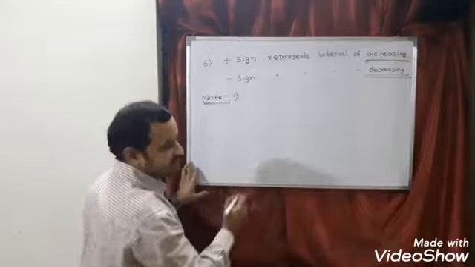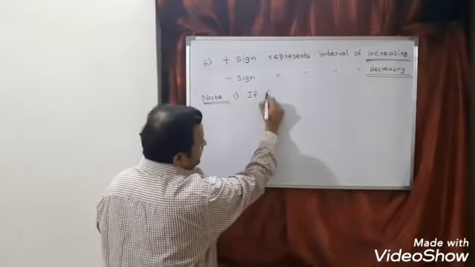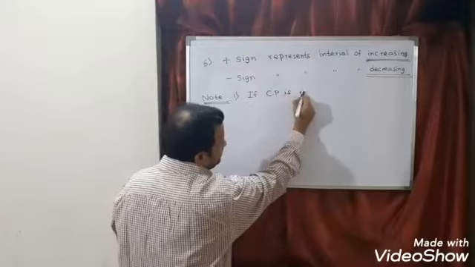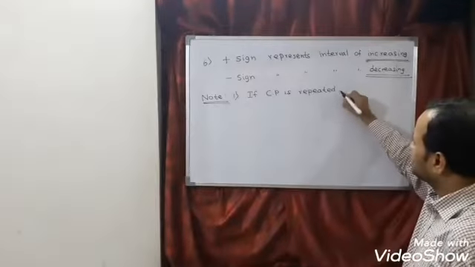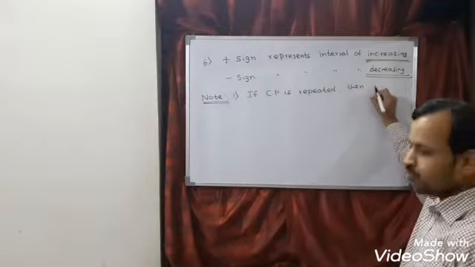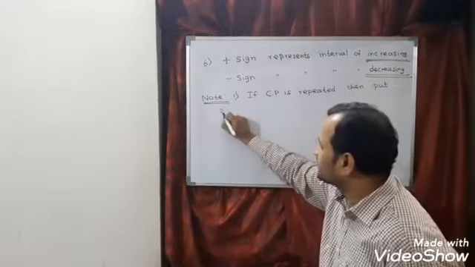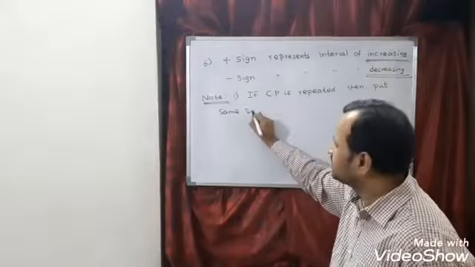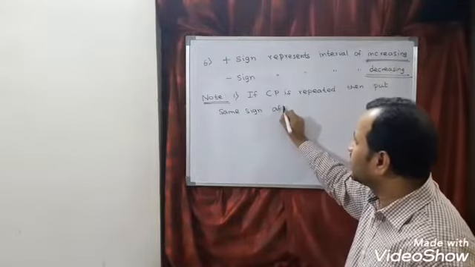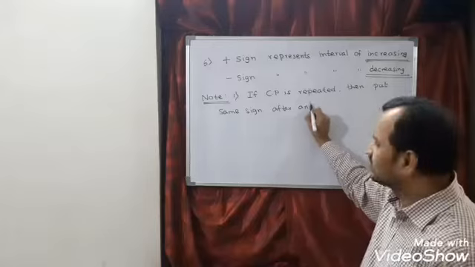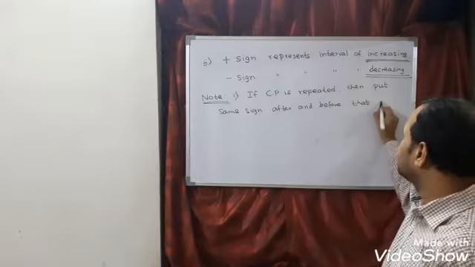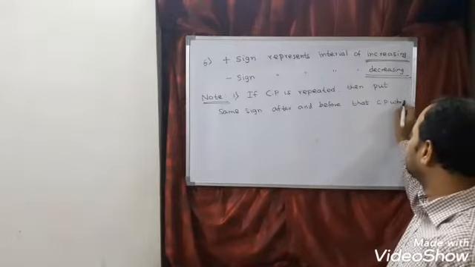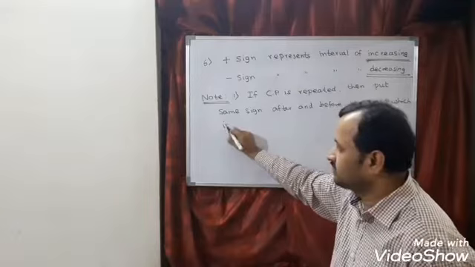The first note is: if a critical point is repeated, then put the same sign after and before that critical point which is repeated.